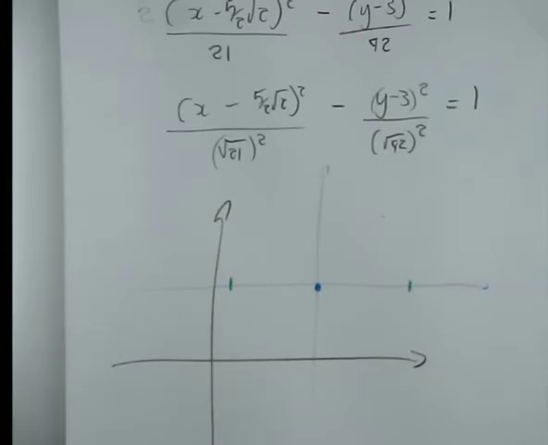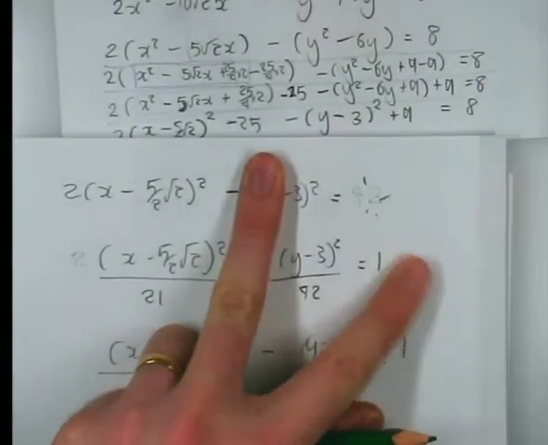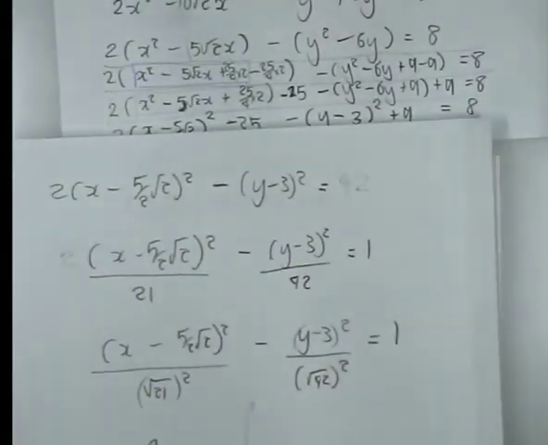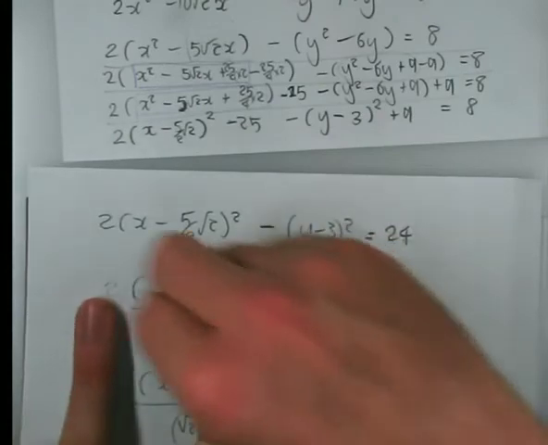Shouldn't it be 24 instead of 42? Oh, probably. Oh, it's 8 minus 9. Awesome, thank you. I added the 9 instead of taking it. Thank you very much.